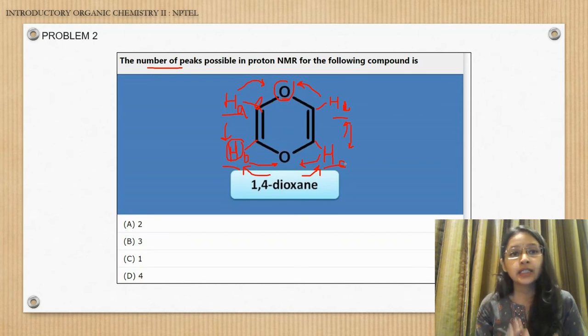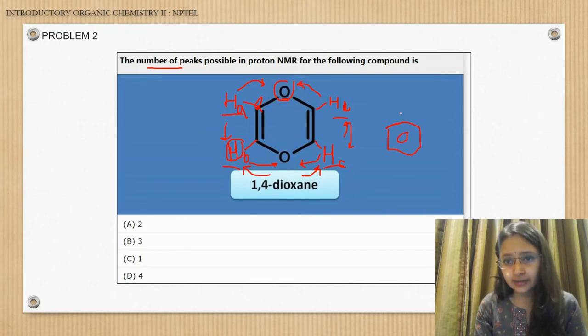See what happens if two sets of protons are different. If we talk about some other molecule, like toluene, which is nothing but a benzene ring with a methyl group, how many signals are you going to get? See, these are all sp2 hybridized hydrogens.